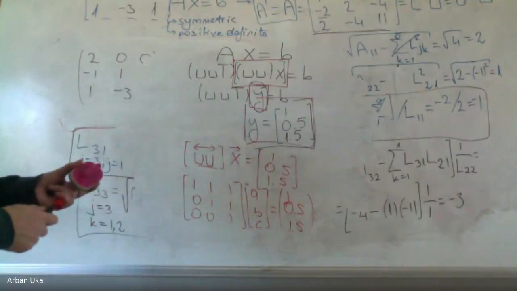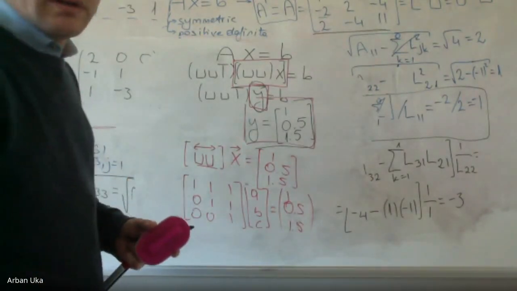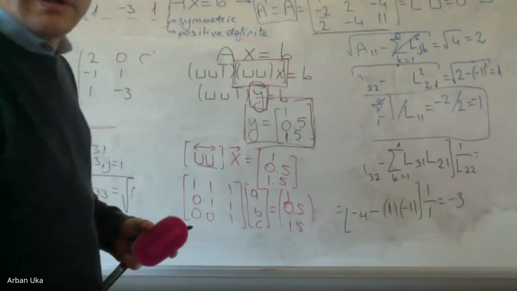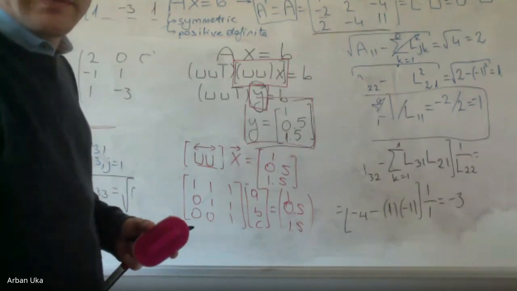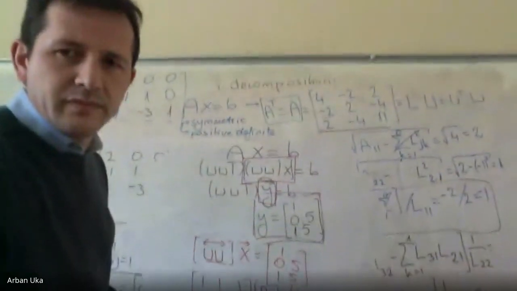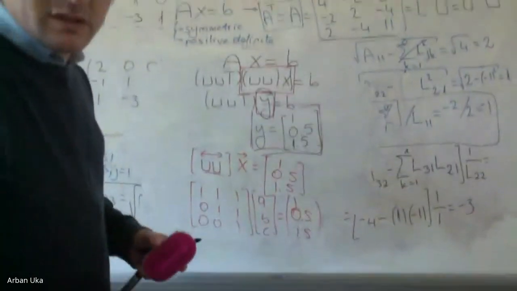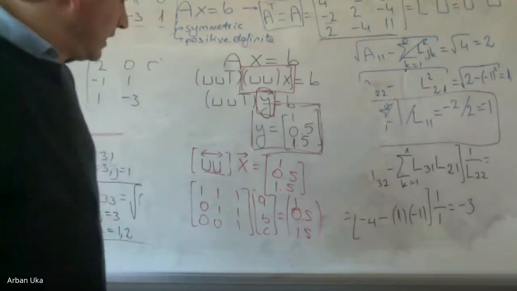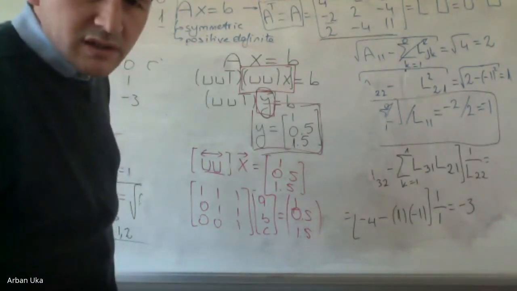So the ABC is unknown for us, which means that if we go back to where we were here, okay, so this means that we have the UU matrix, and the answer vector, it's the X that is here.